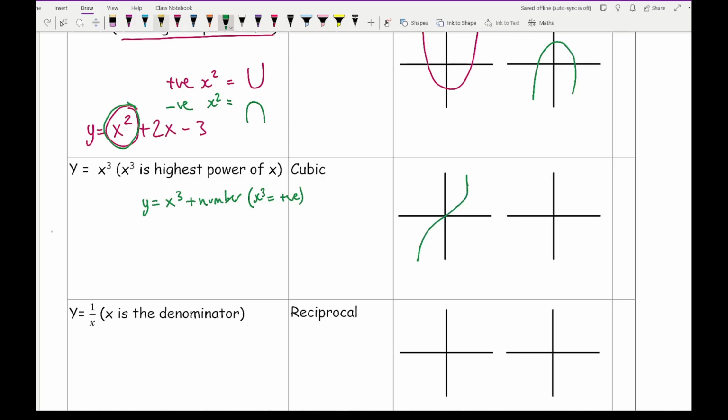If I had y equals minus x cubed minus a number, where x cubed is negative, then it's going to be reflected and it's going to look like that.